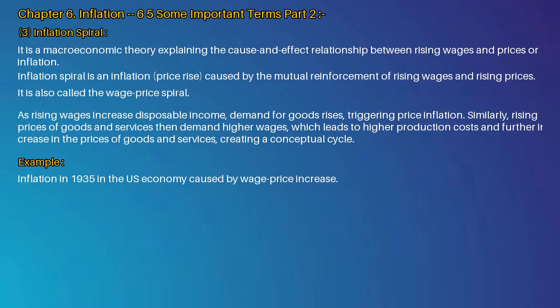Rising wages increase disposable income, so demand for goods rises, triggering price inflation. Similarly, rising prices of goods and services then demand higher wages, which leads to higher production costs and further increase in the prices of goods and services, creating a vicious cycle. Example: inflation in 1935 in the US economy caused by wage price increase.